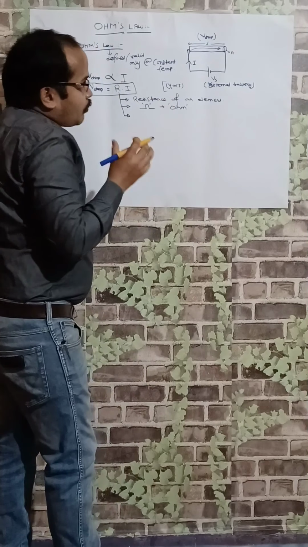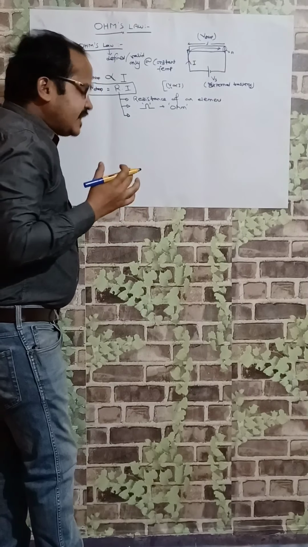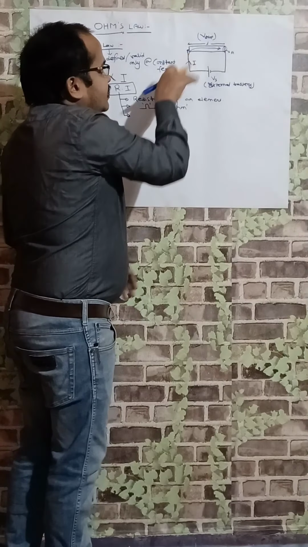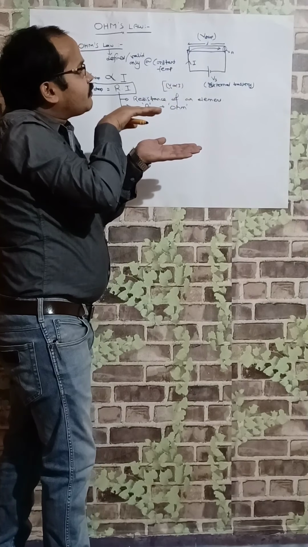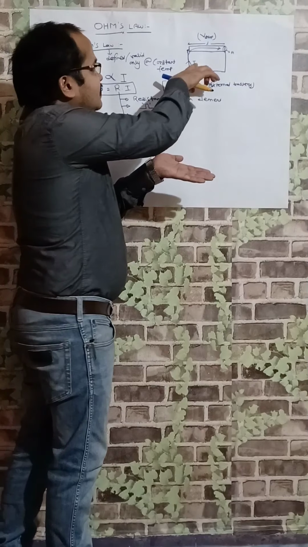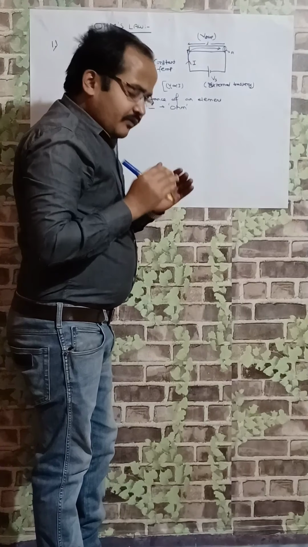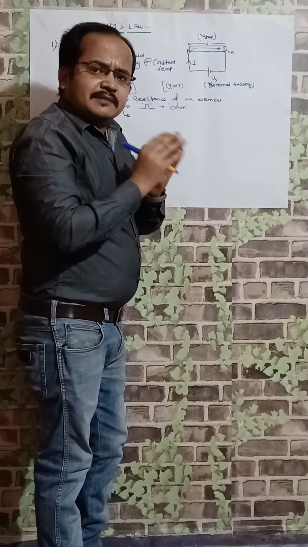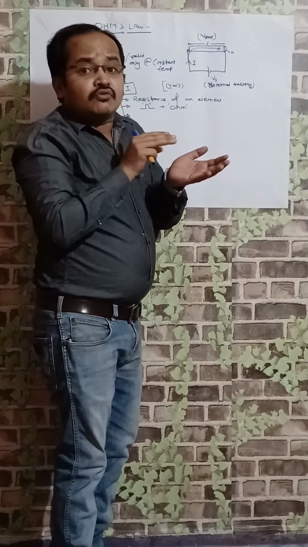Resistance is a property of any material which opposes the flow of electrons through it. Due to the flow of electrons, only current comes into the picture. So resistance is a property of any material which opposes the flow of current through it.